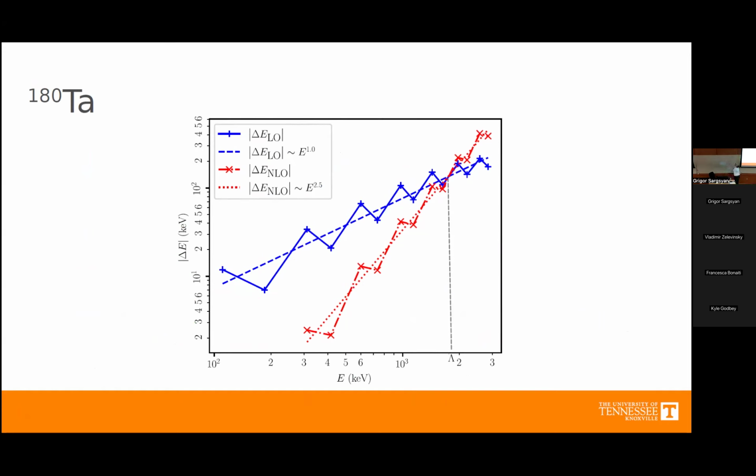Something interesting to note, we see here in our leading order description, our absolute error is scaling as the energy to the first power, which really suggests that we are missing something in the leading order description for these k=1 rotational bands in odd nuclei.